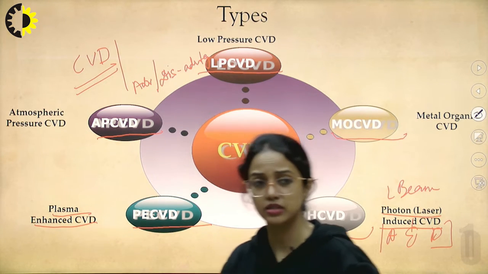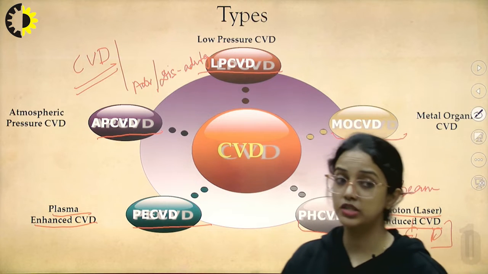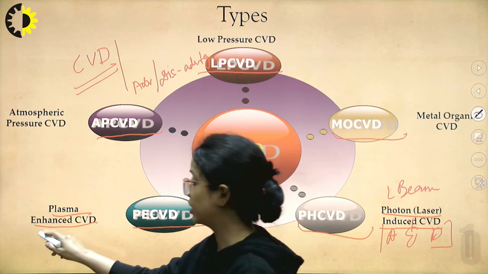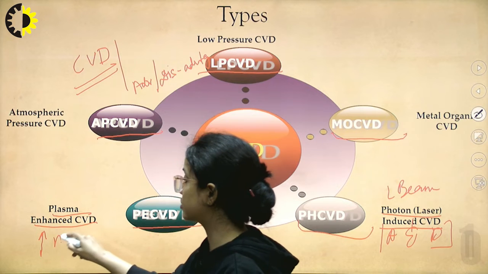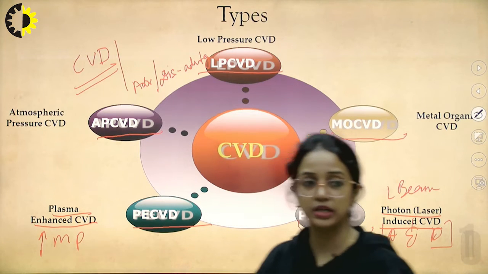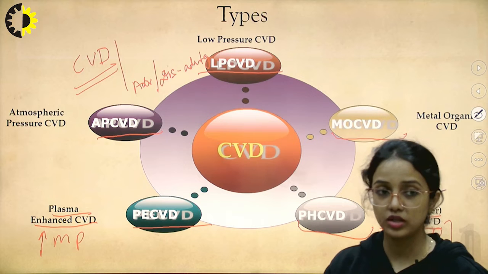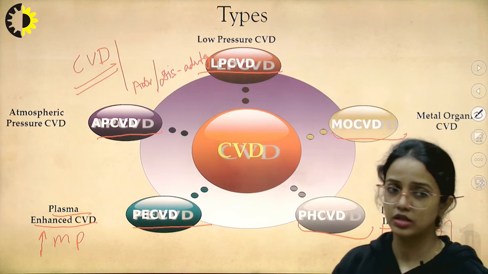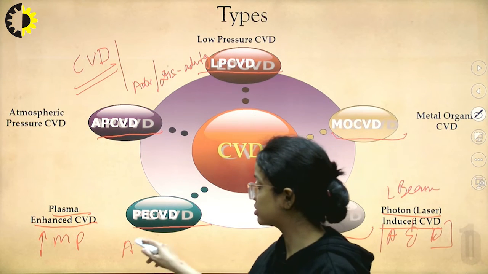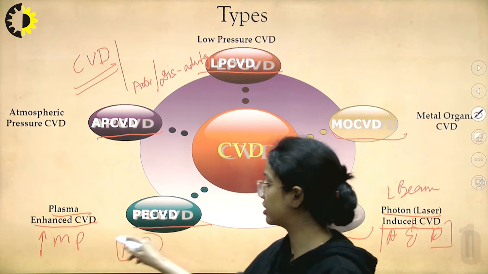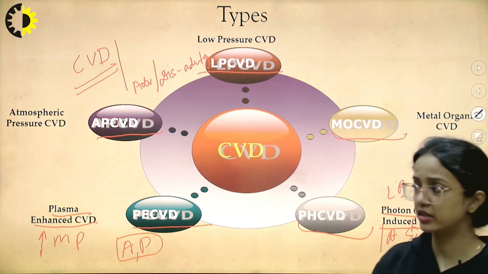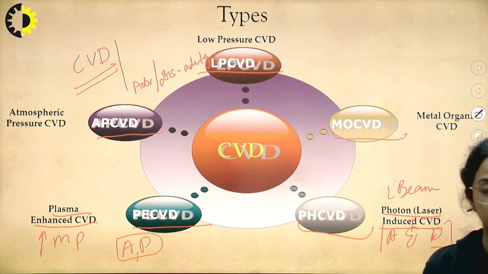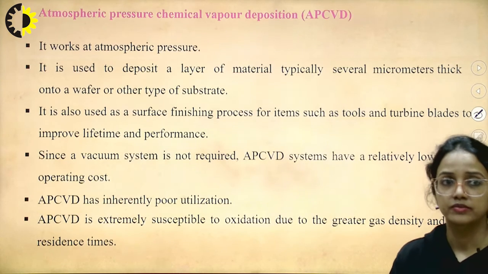Plasma enhanced means somewhere we have metals which we need to deposit, but the melting point is very high. When the melting point is very high, we can only do this using plasma enhanced CVD. Again, there will be some advantages and disadvantages. We will be studying each one of them very briefly.